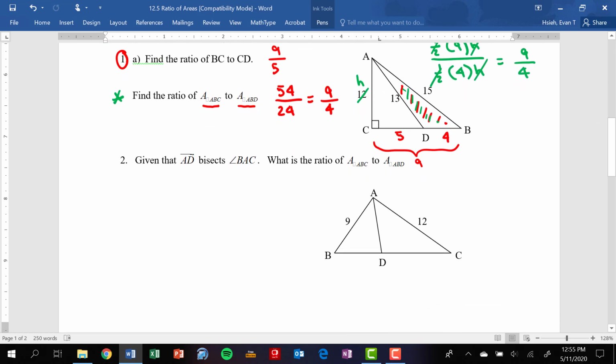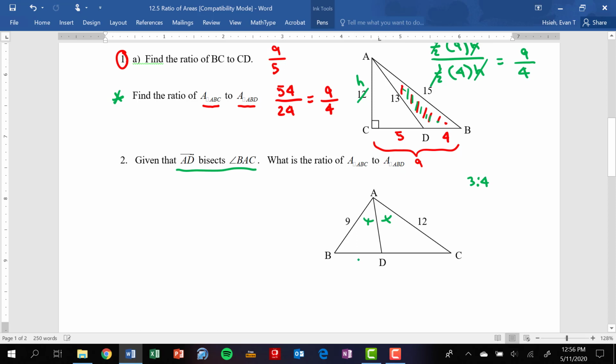This problem down at the bottom, I believe, is the same type of problem. Yep. And we're looking at AD bisects angle BAC. If you remember, we talked earlier in the semester about how whenever you see an angle bisector, you should be thinking about the angle bisector theorem, which means that this ratio, 9 to 12, is going to be the same ratio. 9 to 12 is 3 to 4.